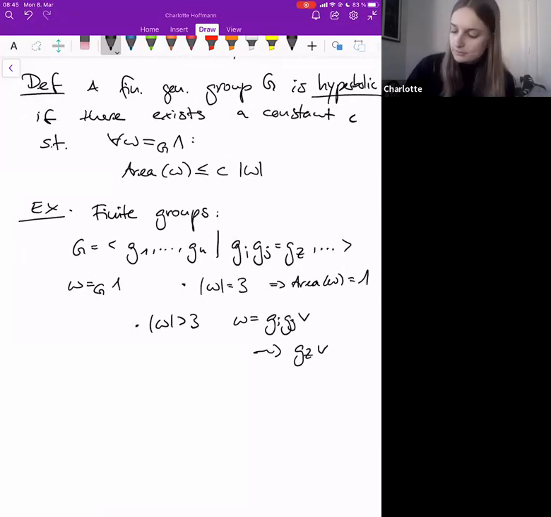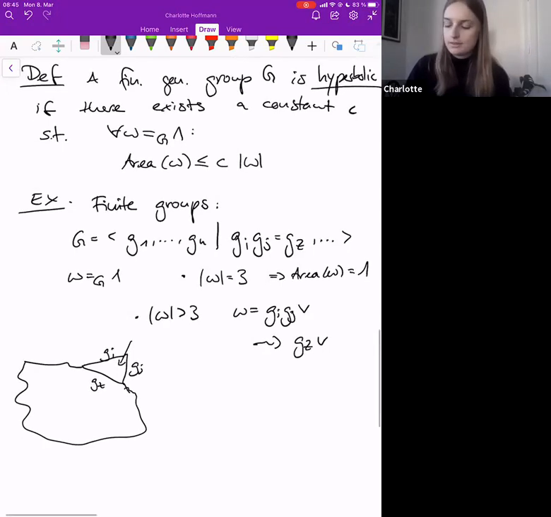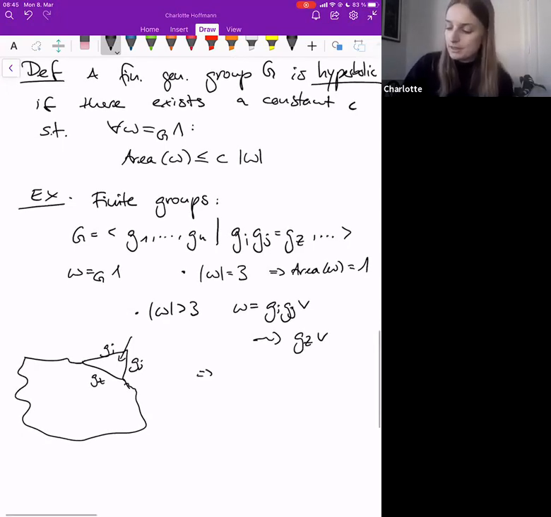And this process is the same as saying we have some relator here, like this, and then the Van Kampen diagram looks something like this. And if I cut off this face here, then the length of the boundary gets shorter. And so I have that the area of W is bounded above by the length of W.